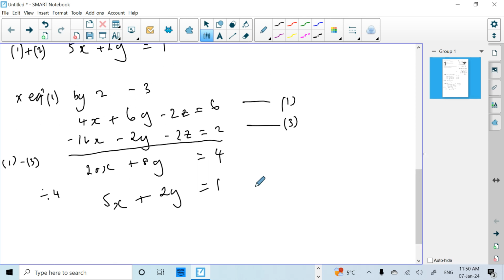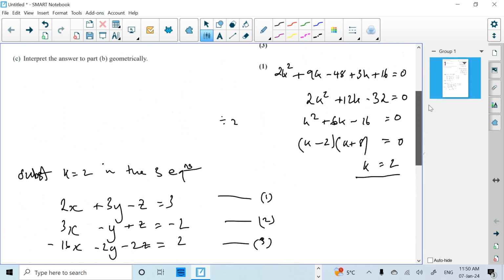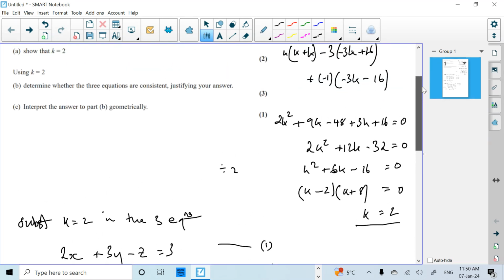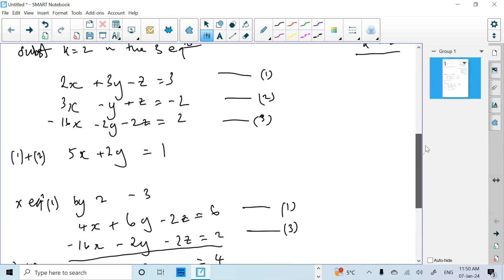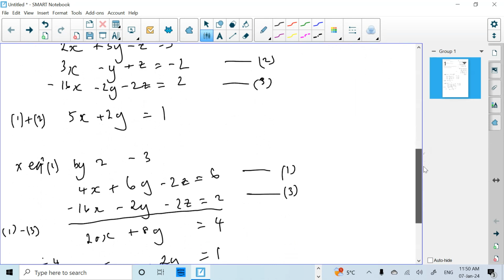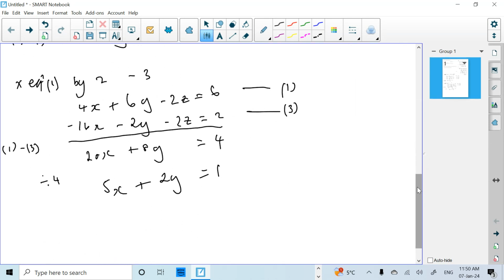So therefore, what the question is asking for, determine whether the three equations are consistent, justifying your answer. Do I need to do 2 and 3? If I do 2 and 3, I'm going to get a similar result, 5x plus 2y is equal to 1.